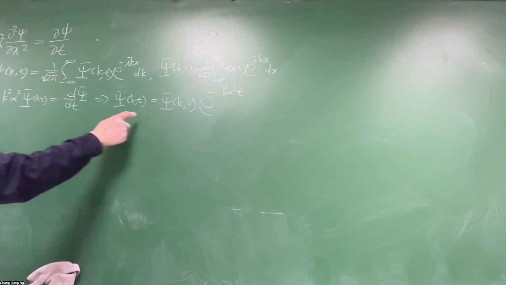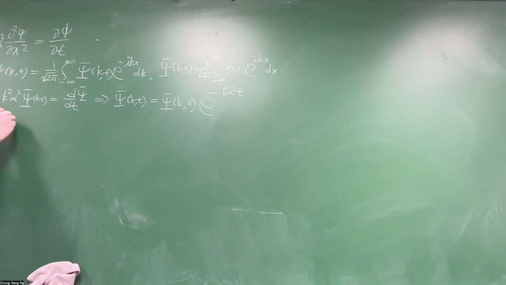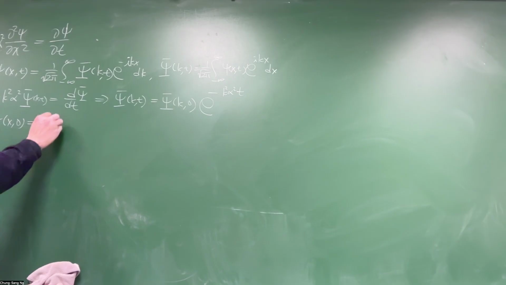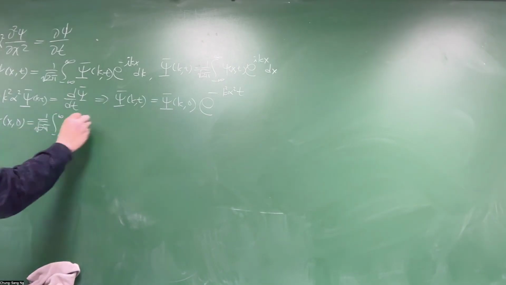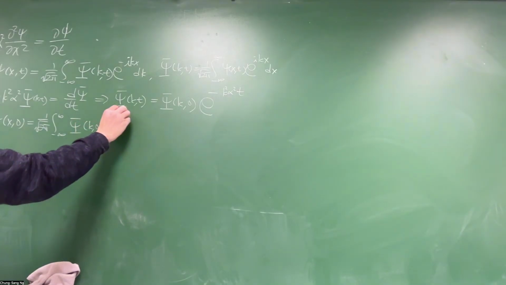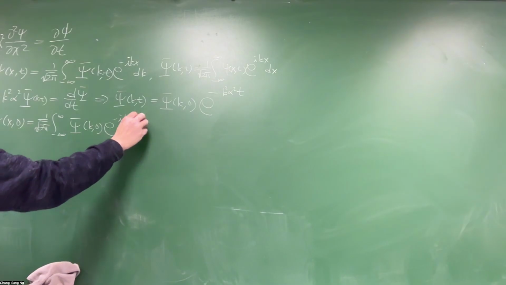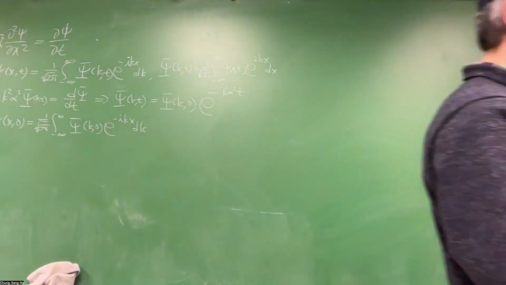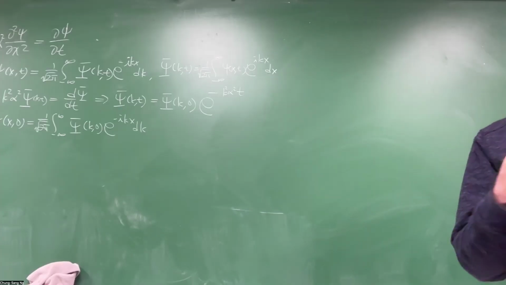And so the initial condition of the function itself is obtained by substituting whatever you have over here. Okay, and that looks like a genuine solution.